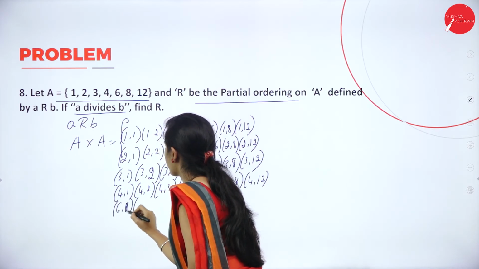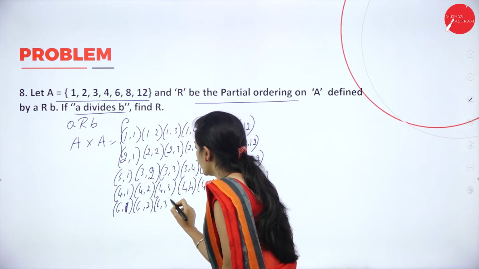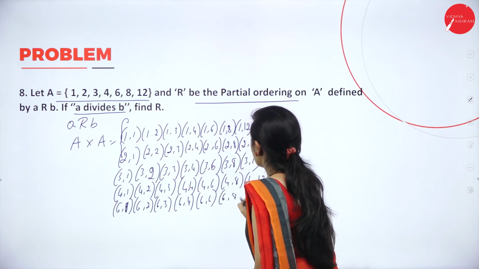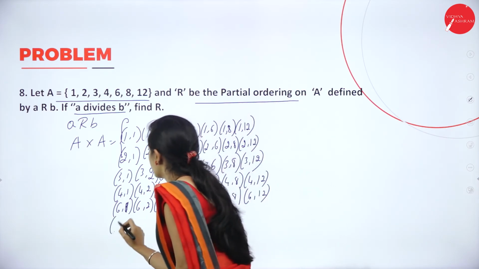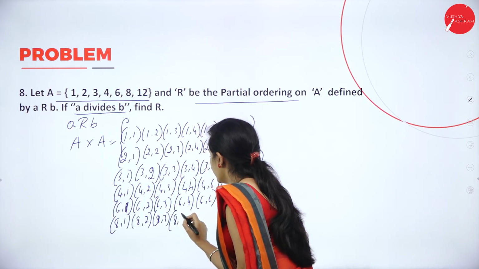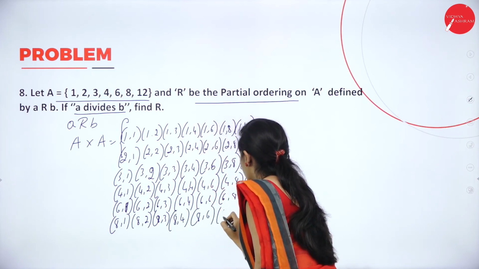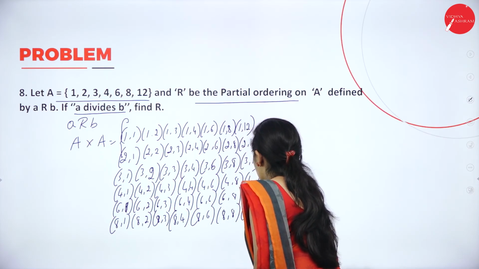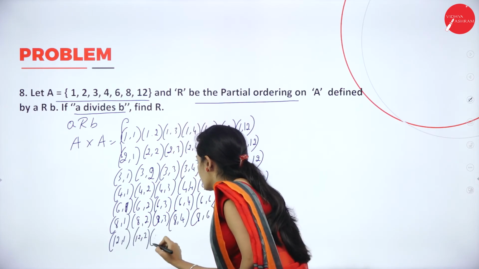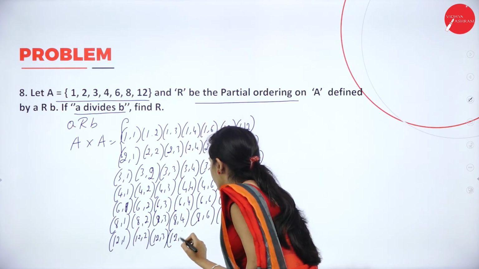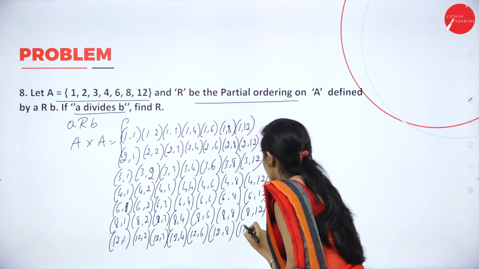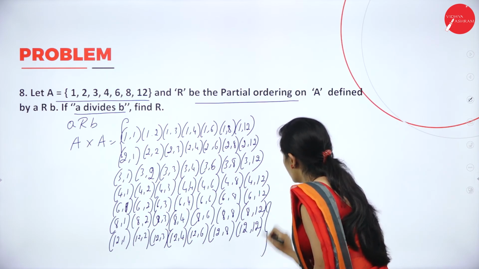(6,1), (6,2), (6,3), (6,4), (6,6), (6,8) and (6,12), (8,1), (8,2), (8,3), (8,4), (8,6), (8,8) and (8,12) and (12,1), (12,2), (12,3), (12,4), (12,6), (12,8) and (12,12). So, these are your ordered pairs.